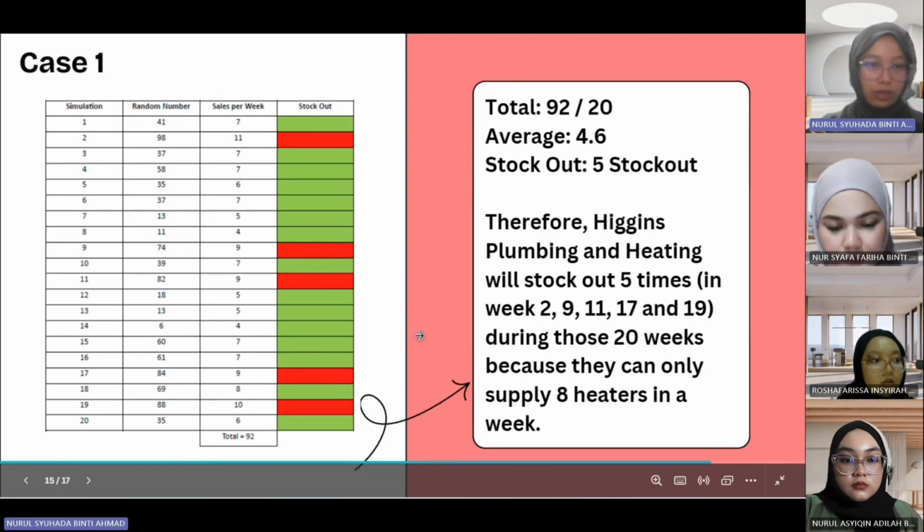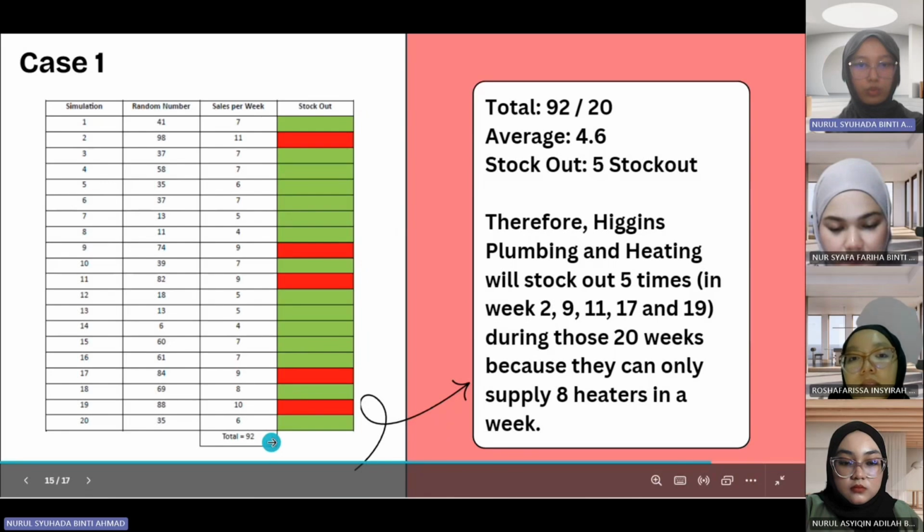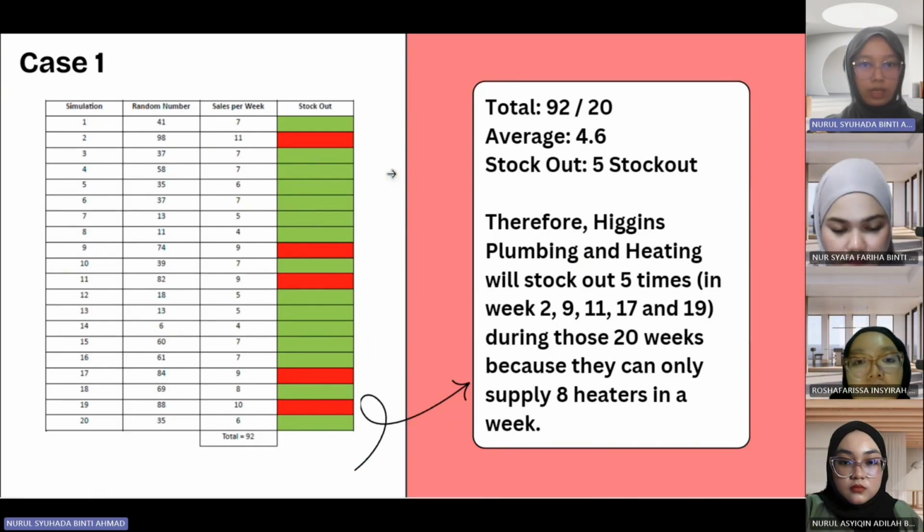After we generate the random numbers from Excel, we can determine our sales per week. So our total sales is 92. After we get the sales per week, we can define the Hygiene, Plumbing and Heating stock outs.